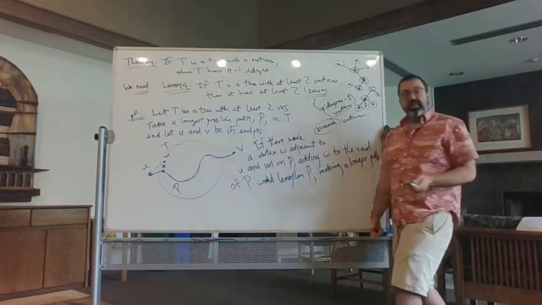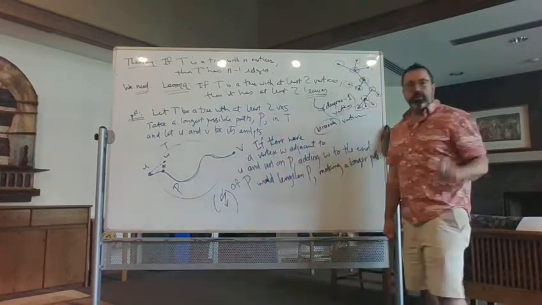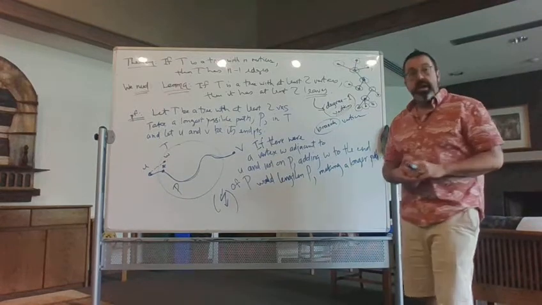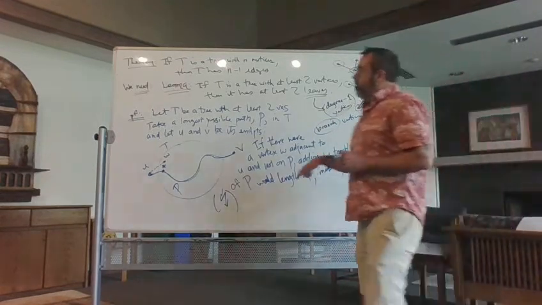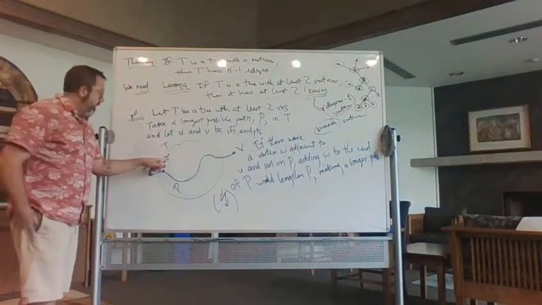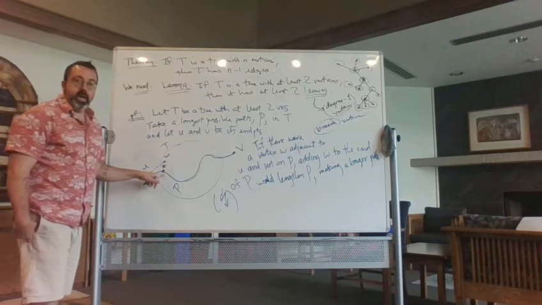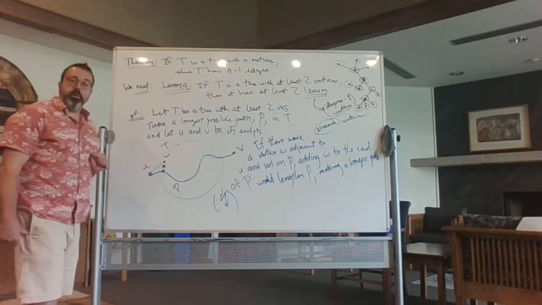And this can't be. This is a contradiction. Remember that symbol we had a while ago, the lightning bolt for a contradiction. Because we assumed P was as long as possible. So there's absolutely no way we could have had this W here that wasn't already on the path P, because otherwise we would have gotten a longer path.